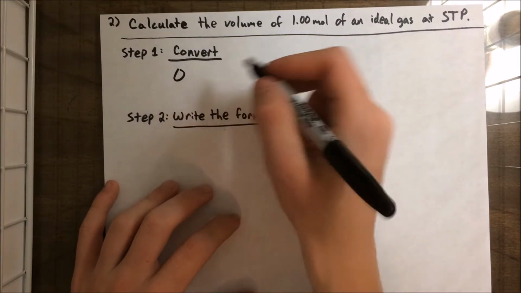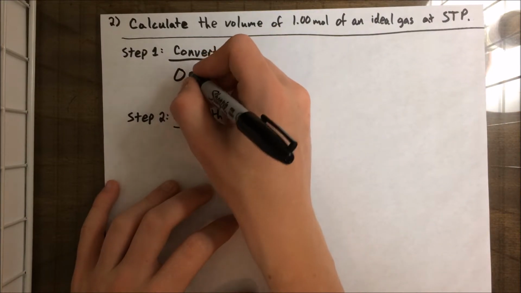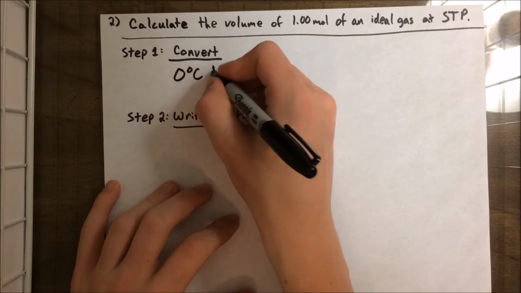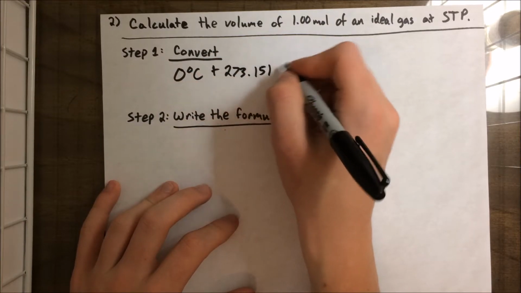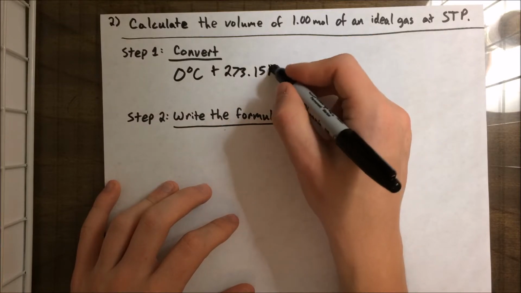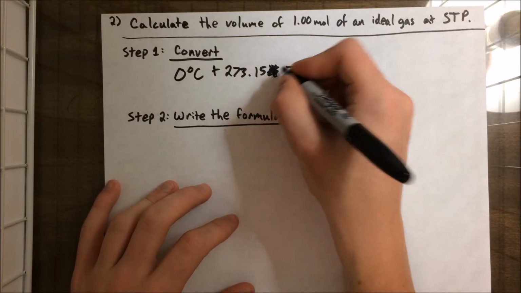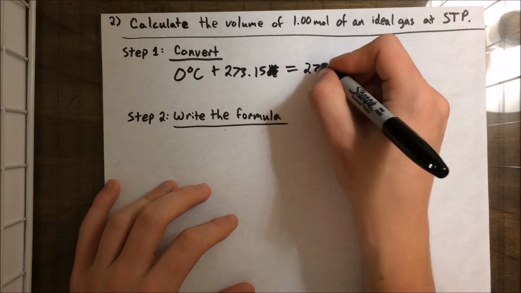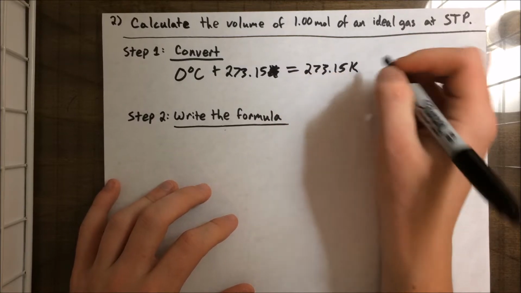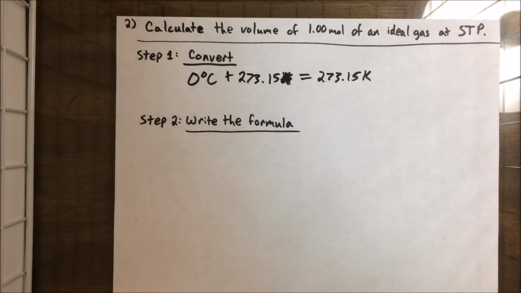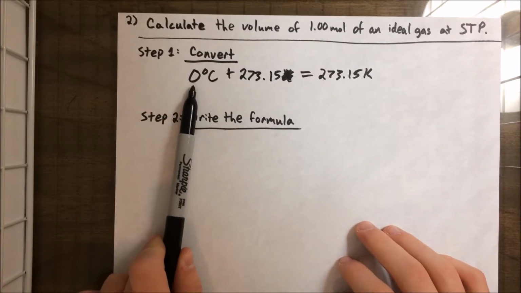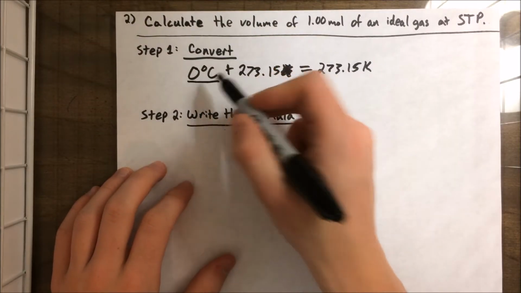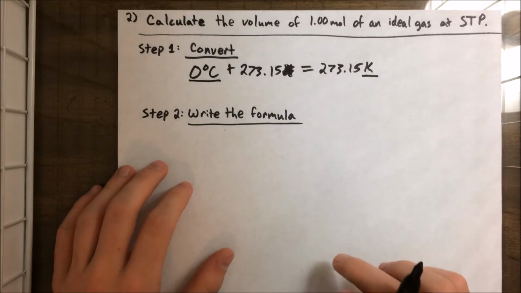So we need to convert our degrees Celsius, 0 degrees Celsius plus 273.15 is equal to 273.15 Kelvin. So we didn't really need to do that, but just to remind you that that's what's commonly given for standard temperature pressure, and we need it in Kelvin.